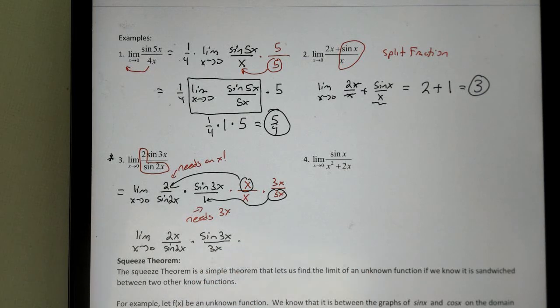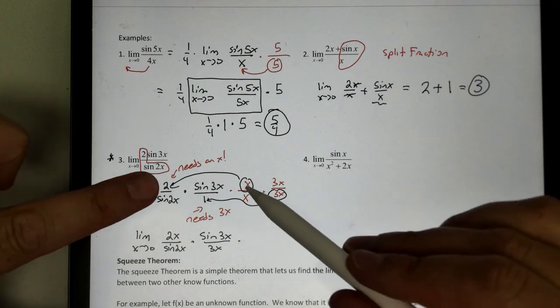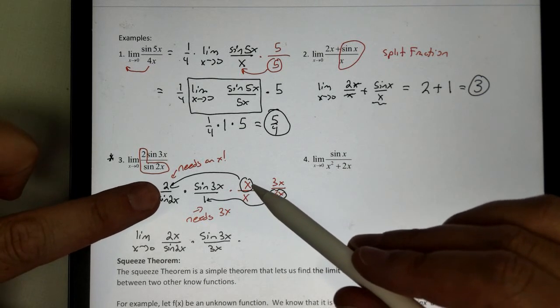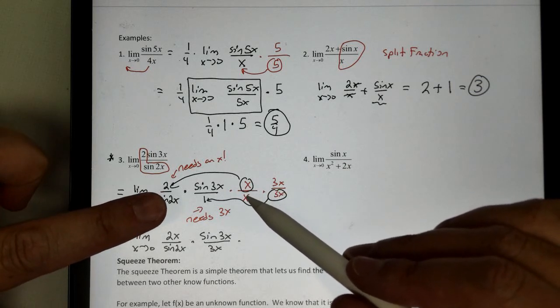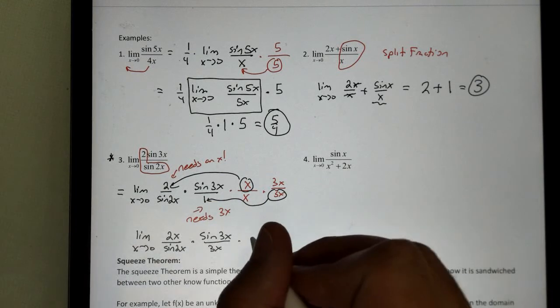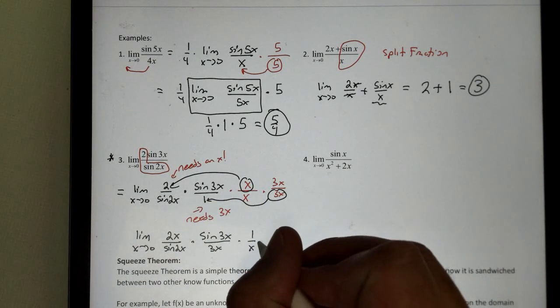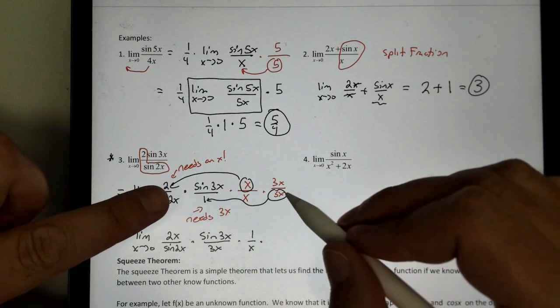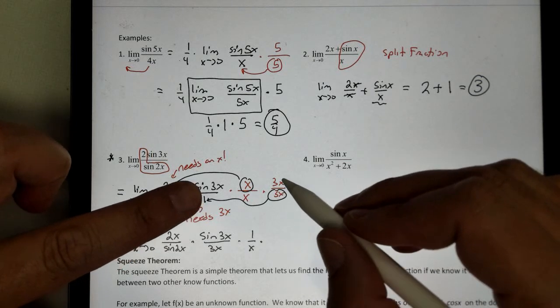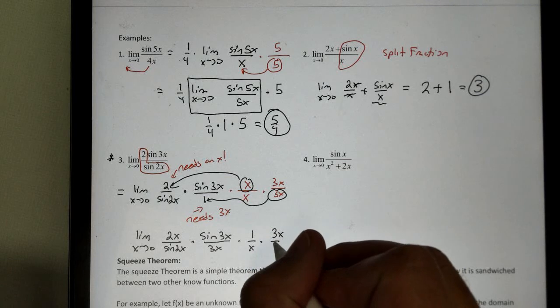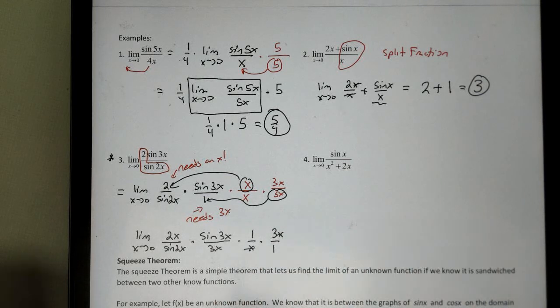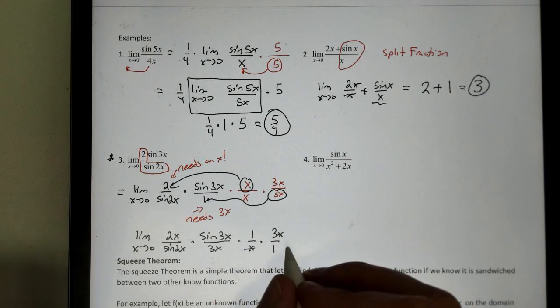And then I just think, okay, what's left over? Remember, to get this to be a 2x, we had to multiply by x, which changed the function, so we divide by x to fix that. So I'm still left with this 1 over x here. Remember, to get a 3x on the bottom, we also have to multiply the top by 3x. So over here, I'm left with this 3x over 1. Those x's will cancel out. And then let's see what's left.